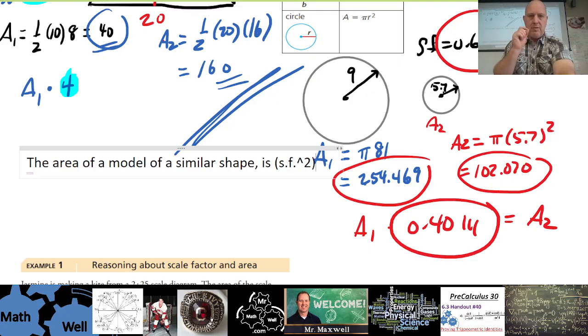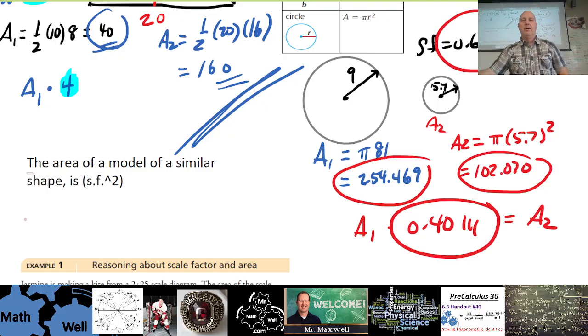So the area of the model is the scale factor squared. That looks very odd. But whatever the scale factor is, you just square it.